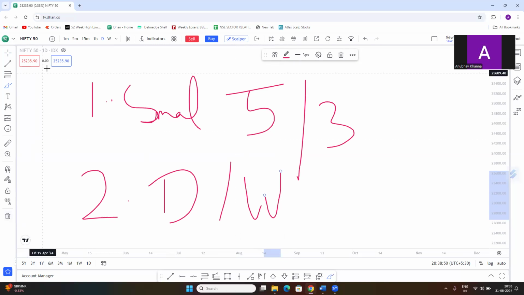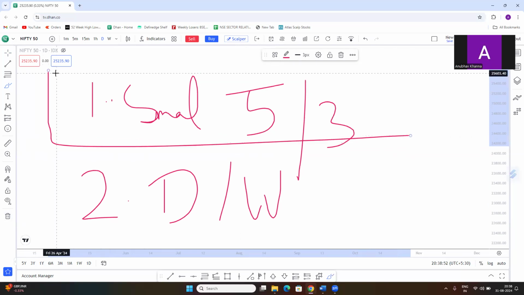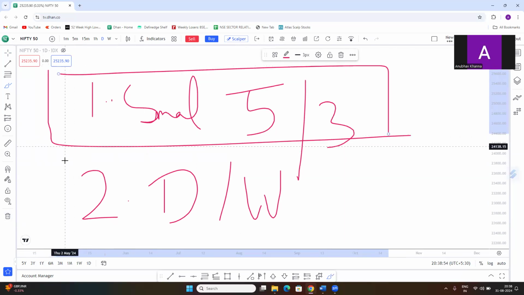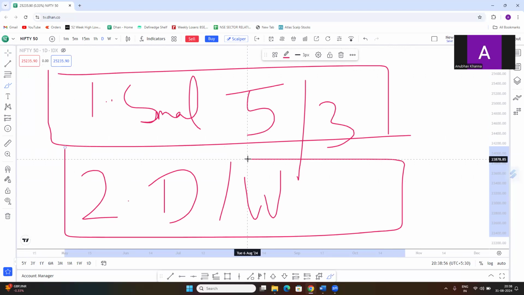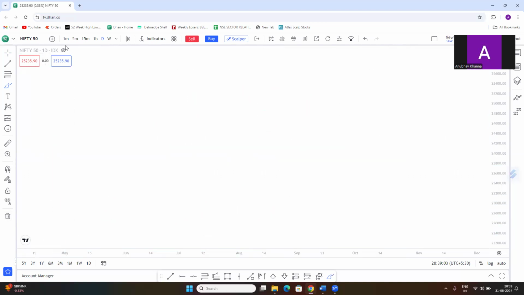So first I'll discuss the swings for day trading, basically 5 minutes to 3 minutes, how you can identify them. And second would be the bigger time frame.